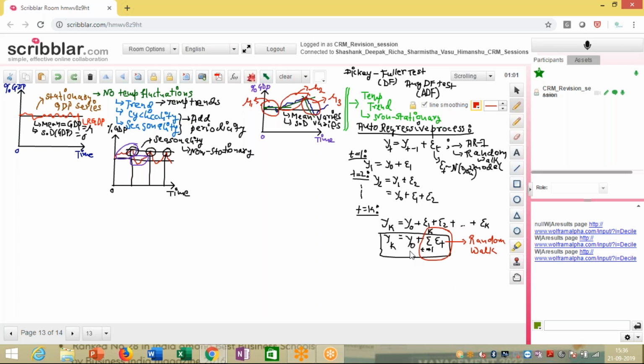Why? If I try to find out the mean of this series, the mean is the expected value of yk. So y0 is a constant plus summation t expected value of epsilon t.